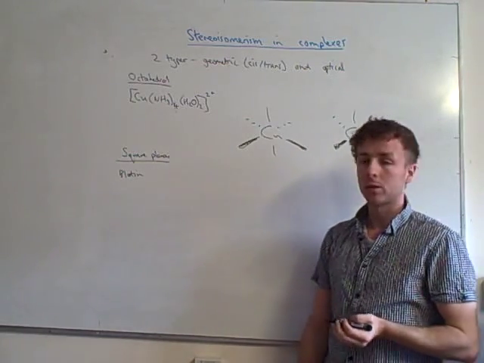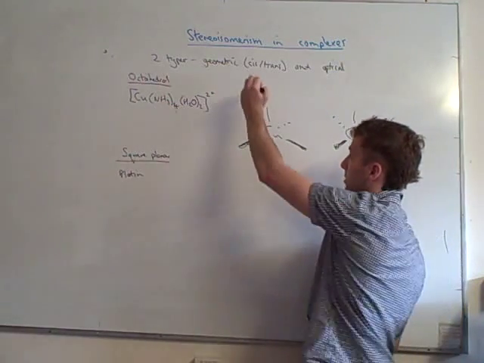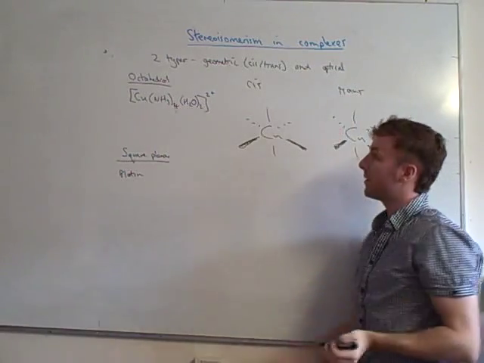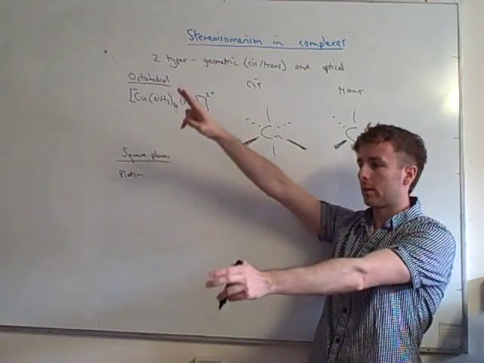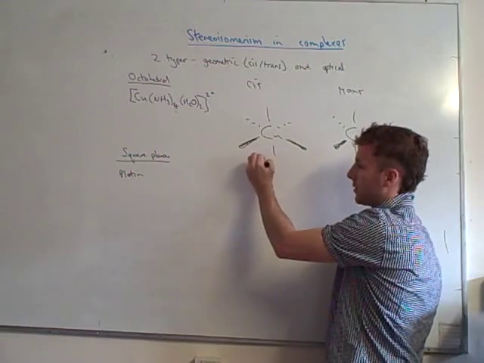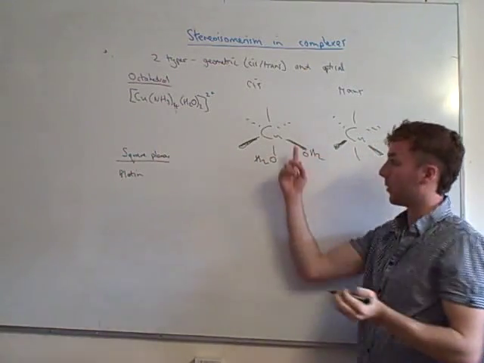In terms of cis-trans, all you need to do is this. Which one should we do first? Let's do cis first, and then we'll do trans afterwards. With cis, both of my identical groups point in the closer direction. So I'm going to have one H2O at the bottom here and another H2O on the side there.